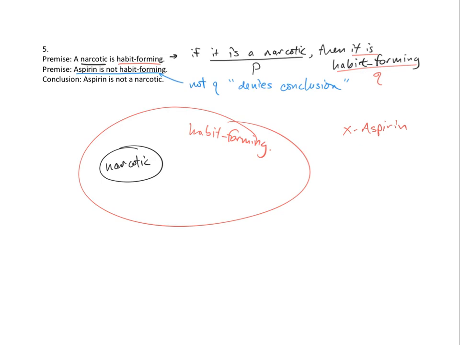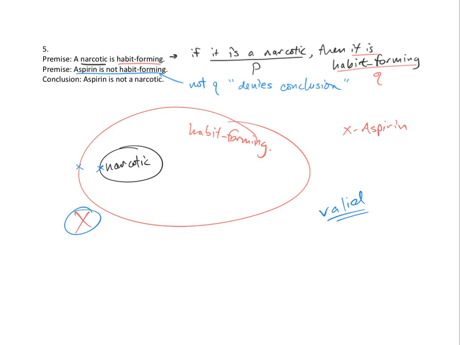And it's not habit forming, so I have to place it out here. And guess what? This is, in fact, a valid argument. And that's because this X here is not on the border. It's not here, it's not here. It is clearly either 100% inside a bubble or outside of all the bubbles. So we have a valid argument.